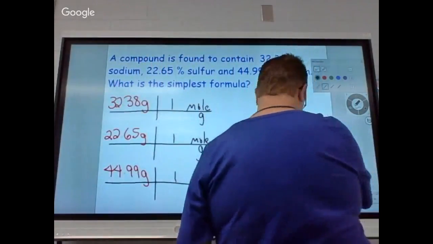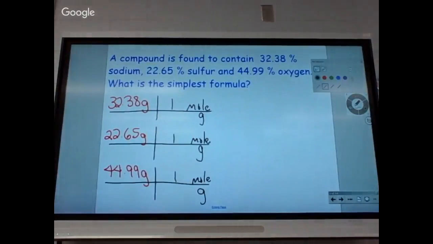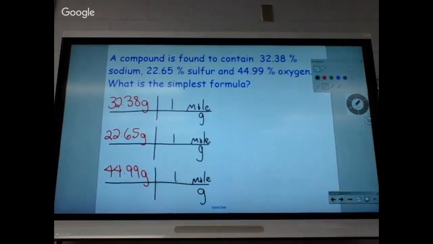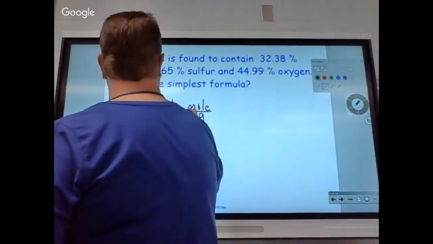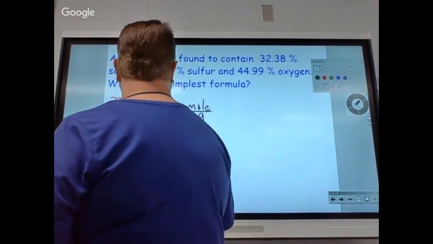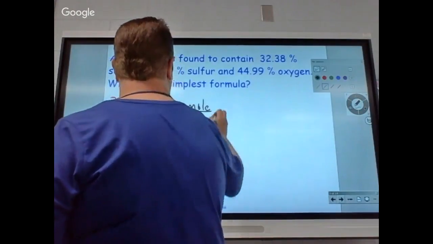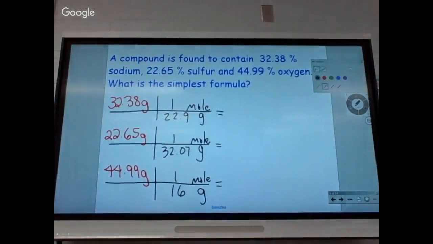All right, so we don't have any compounds, so we just have to look on the periodic table and get their masses. I'm going to use the decimals today: 22.9, 32.07, and 16.